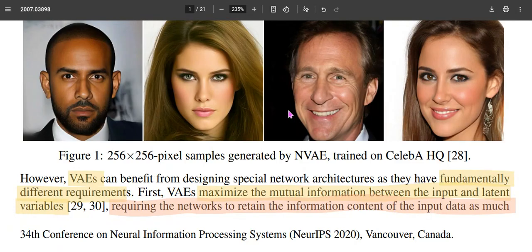For instance, a generative model like a variational autoencoder tries to make a hierarchical transformation from the input to a latent variable, so that there will be a very deep relationship between the input and the latent variable, so that information has to be retained as much as possible while transforming from the input to the required latent variables.